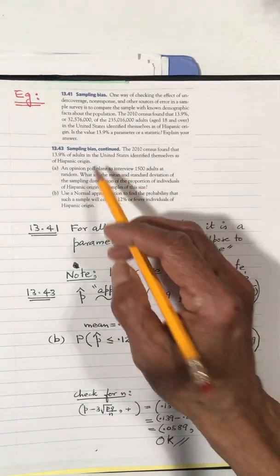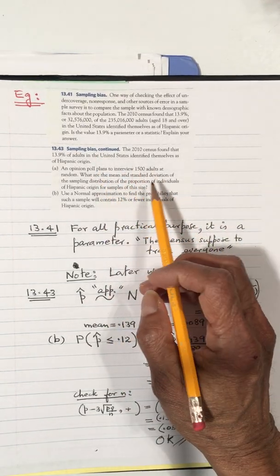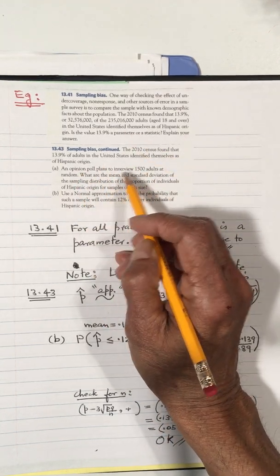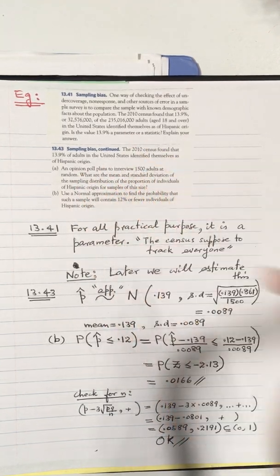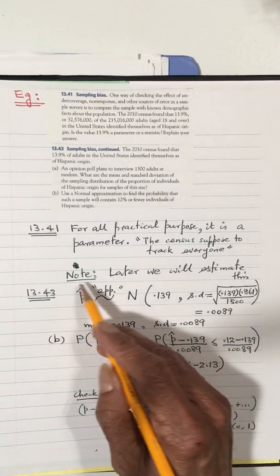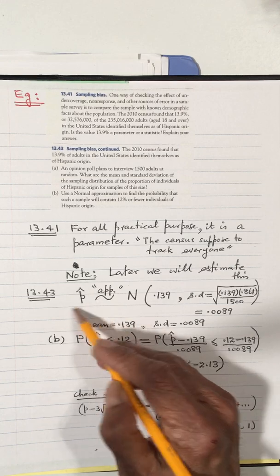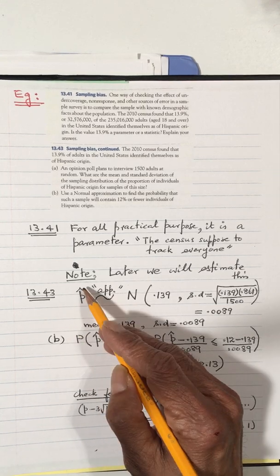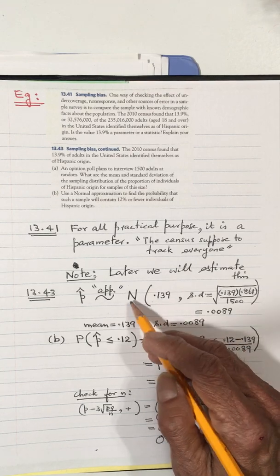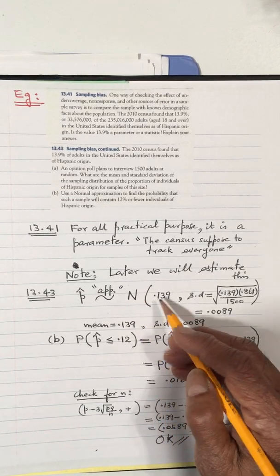Okay, but the second question now, what you're looking at in this one is an opinion poll. The opinion poll has only 1,500 people. Out of that 1,500 people, this is the sample proportion. So that will behave like that using that central limit theorem.